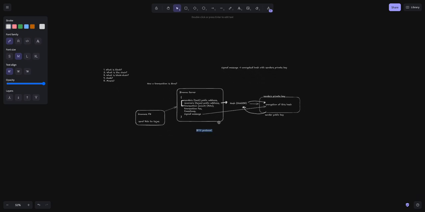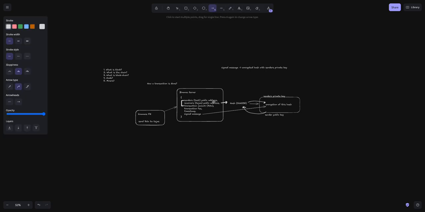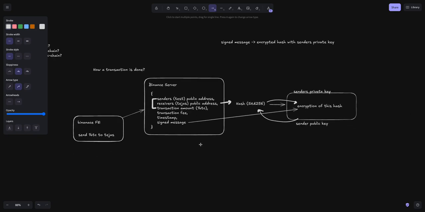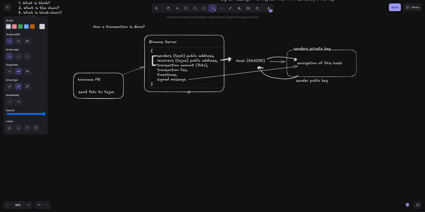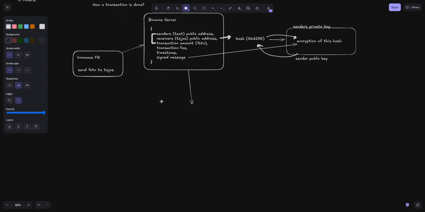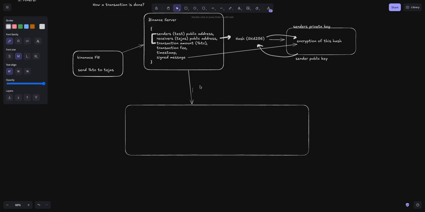What happens after this? After this, I will tell you. Just give me a moment. Yeah. After this, Binance server, please try to understand. This Binance server, or whatever you will use, is connected to a Bitcoin network via a software, which is the Bitcoin software you can get.